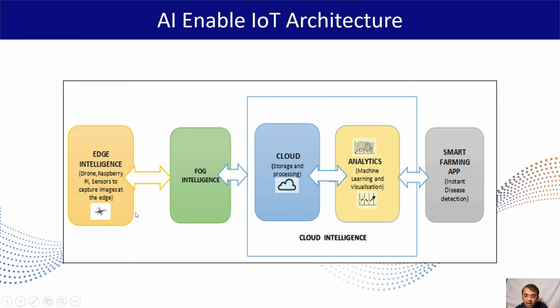The first layer is basically the edge layer, where we have different devices like Raspberry Pi, NodeMCU, drones, sensors and all other things. Here we can also apply different machine learning algorithms to check for anomalies or any missing data. After that we have the fog layer.